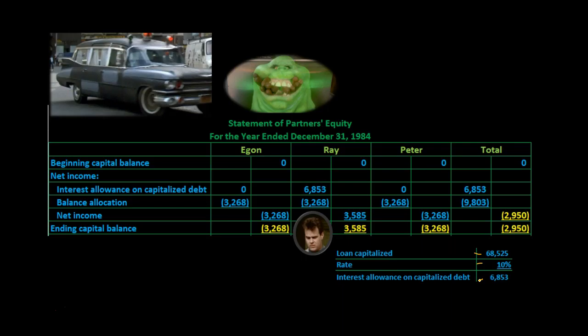And you might say, well, how would that be possible if we have a loss? How can we allocate income to someone when we lost money? Well, we could say, okay, Ray, we're going to allocate income of $6,853. Then we're going to figure out what we need to do to allocate the loss to the three of us, in order to get to the loss.